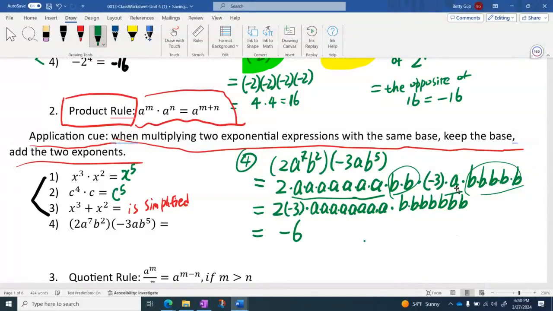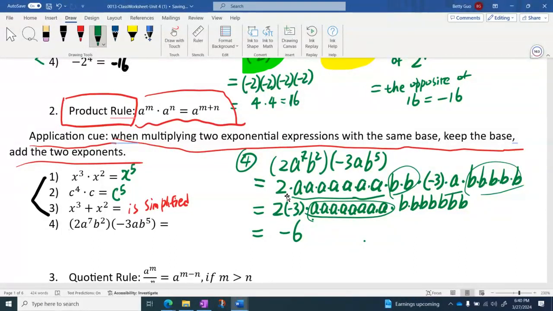2 times -3 is -6. And this part is a repeated multiplication. The reason we have the exponential expression is because when the number of repeated factors in a repeated multiplication is too big, it's really not convenient to express it this way.